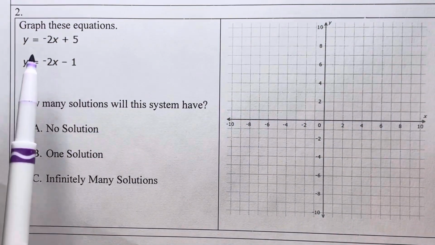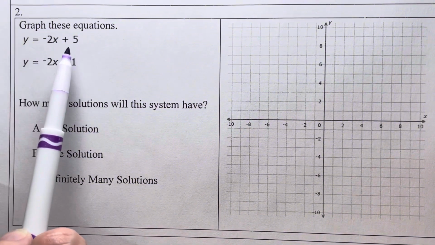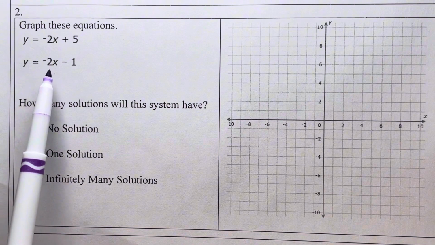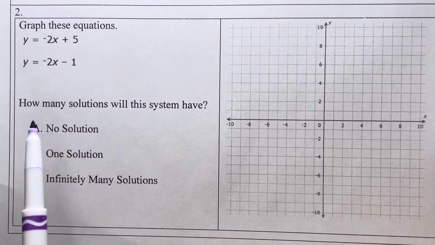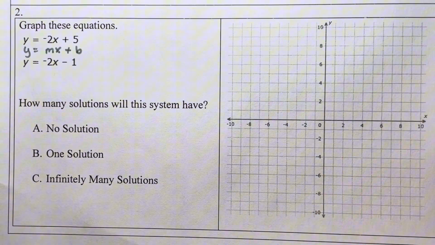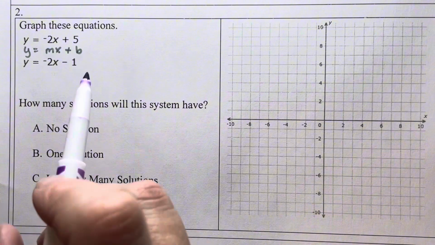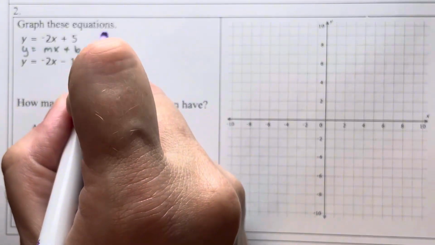Example 2. We're going to graph these equations of y equals negative 2x plus 5 and y equals negative 2x minus 1, and then determine how many solutions this system has. Both of our equations are in slope-intercept format, so that's very helpful. Let's start with our first equation.